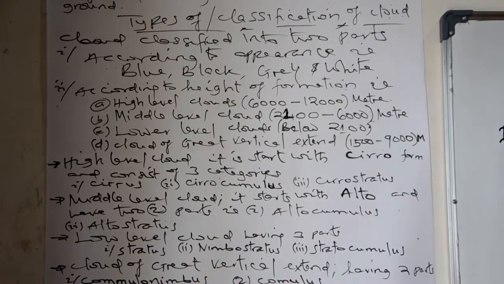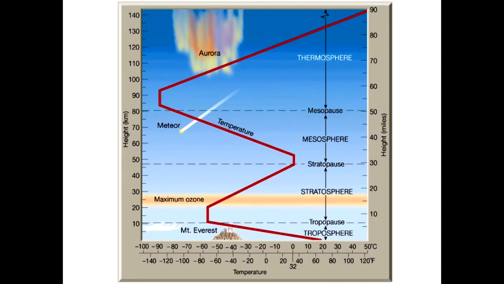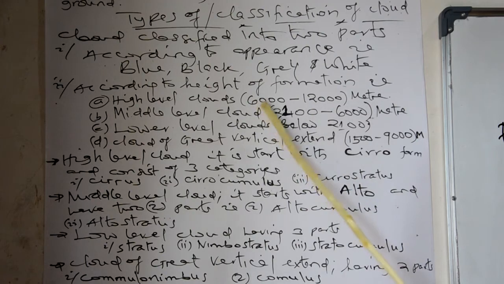But according to height of formation, it is categorized into four parts. The first is high level cloud formation, which starts from 6,000 up to 12,000 meters, which is approximately 6 up to 12 kilometers.